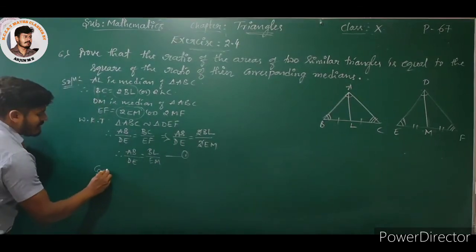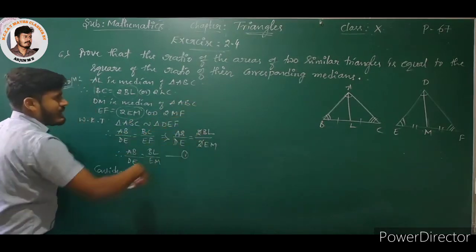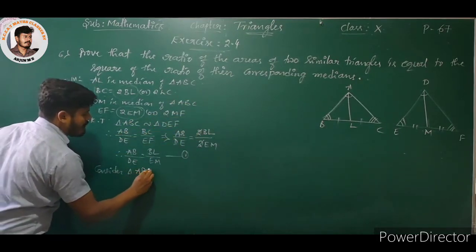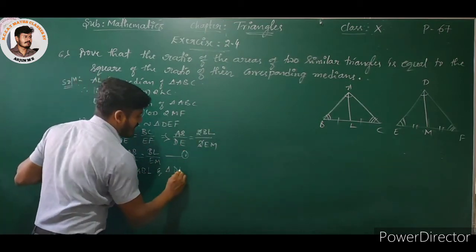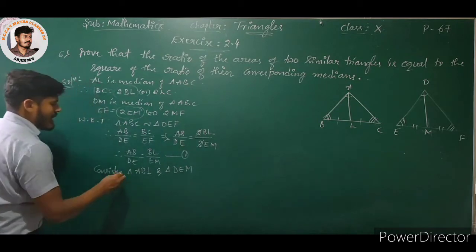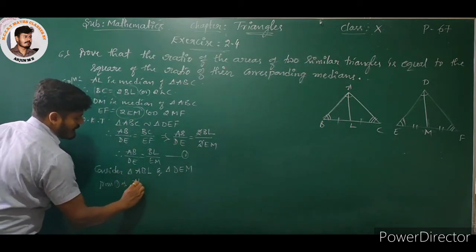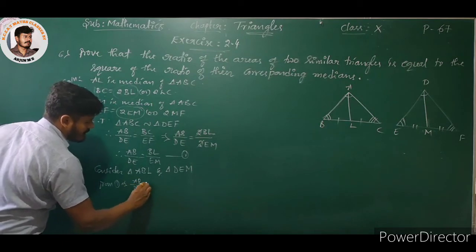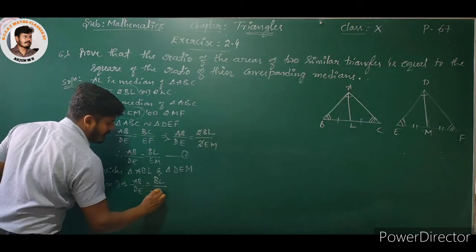So consider triangle ALB, or you may take ABL, and triangle DEM. In these two triangles, from 1 we know that AB by DE is equal to BL by EM.